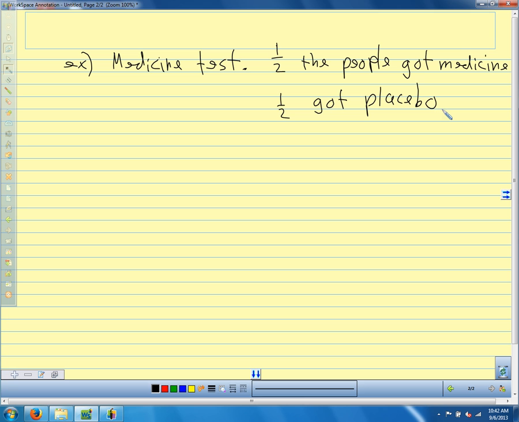What's a placebo? Sugar pill. Right. It looks like the medicine. They say it's the same as the medicine. So it's not actually medicine, but the people think it's medicine. So that's what a placebo is. They want the people to think that they're actually taking the medicine. So half the people got it, half the people didn't.